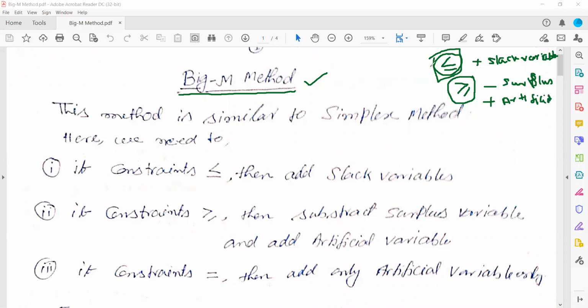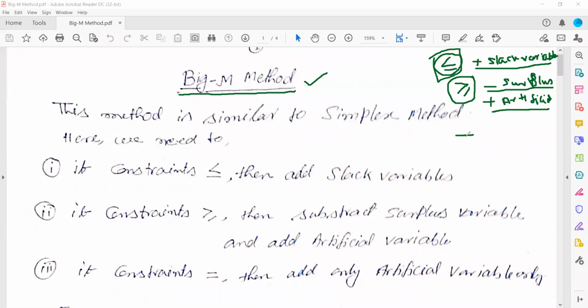So if less than or equal to is in the constraint, you simply add a slack variable, which converts it to equality. But if greater than or equal to is there, you need to subtract a surplus variable and add another variable, called an artificial variable.